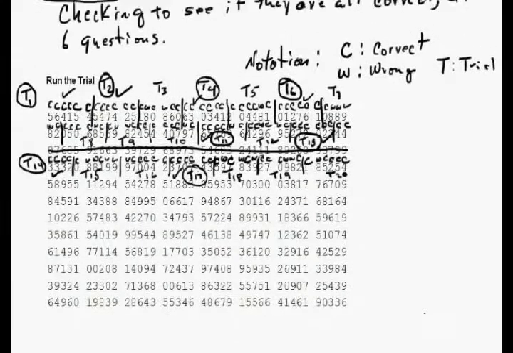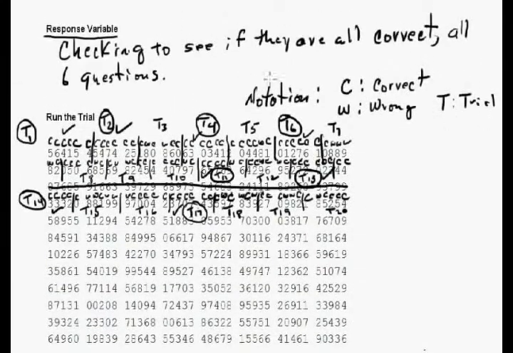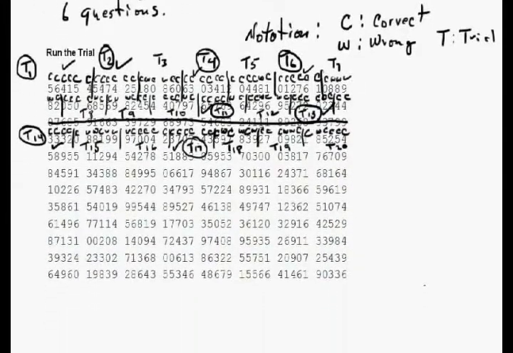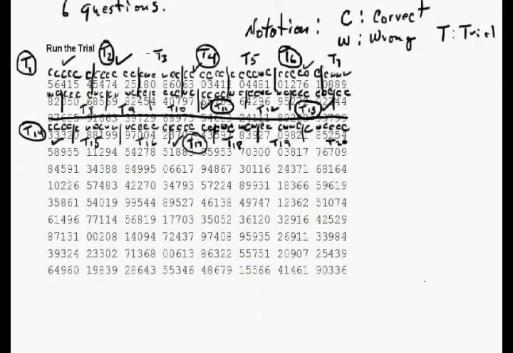Anyway, we said we would check to see if all 6 questions are correct. So my response variable in this case is really just counting to see if they're all correct, and then circling the ones that are. So I've got 8 out of 20.